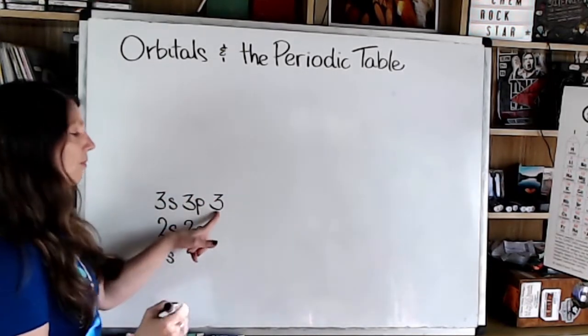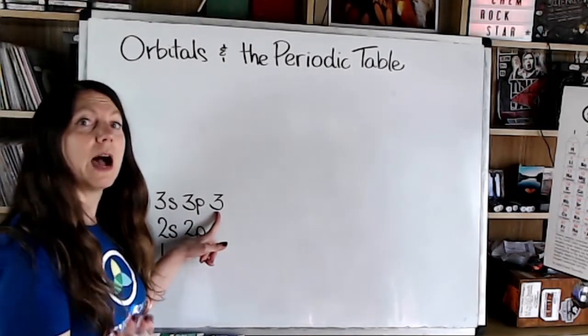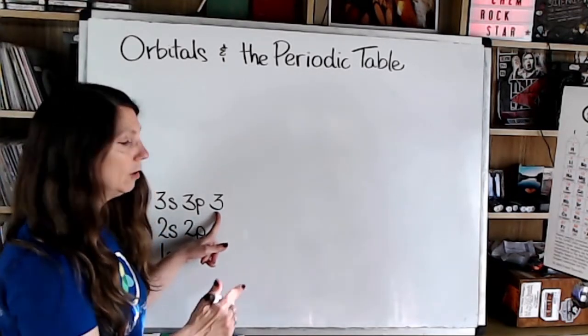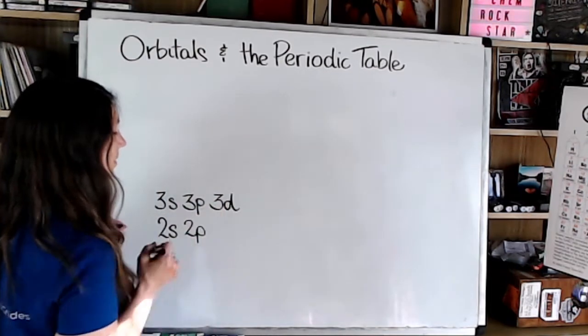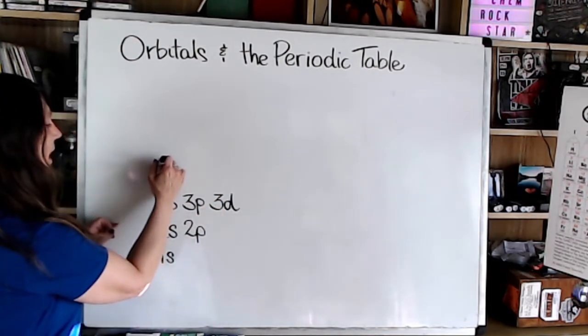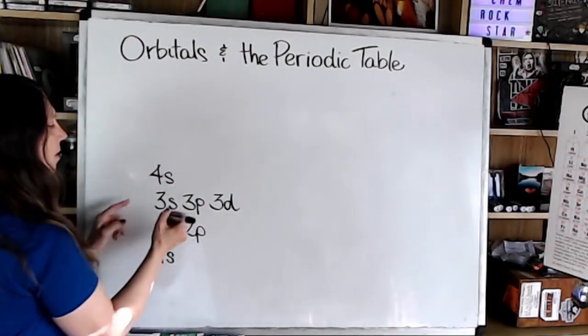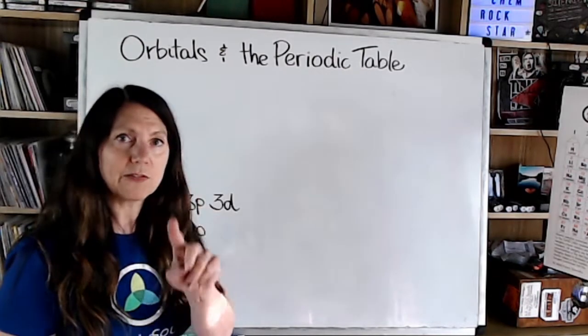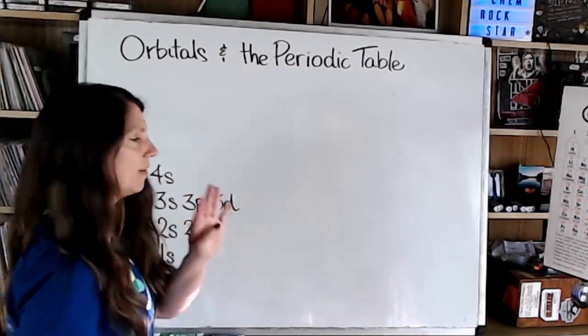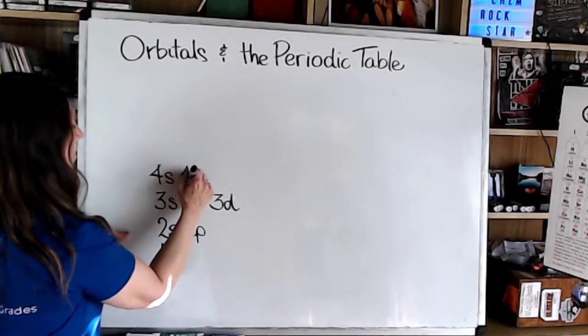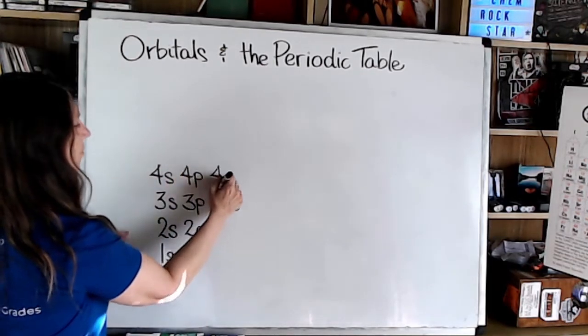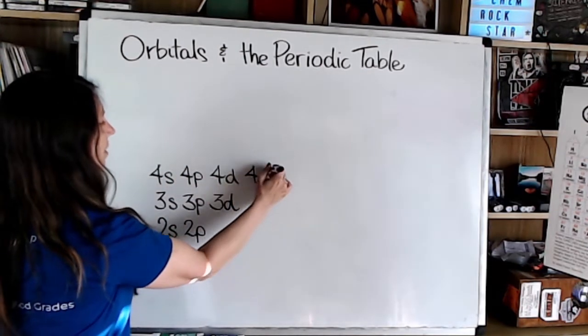Now that we have principal quantum number 3, we are allowed to have L equals 2, which is a d orbital. And then when we get to 4, we have all 4 of them. S, p, d, and f orbitals are now all allowed: 4s, 4p, 4d, and 4f.